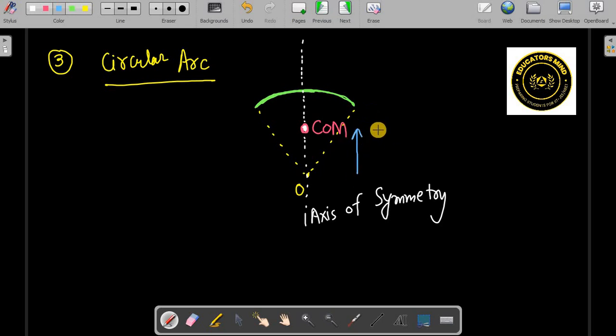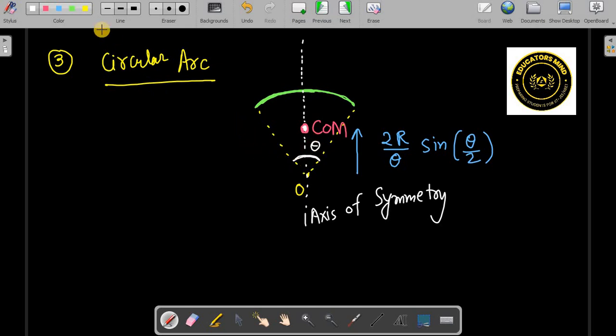I will write the formula directly: 2r by theta times sine of theta by 2. This we should know. Theta is the total angle here.